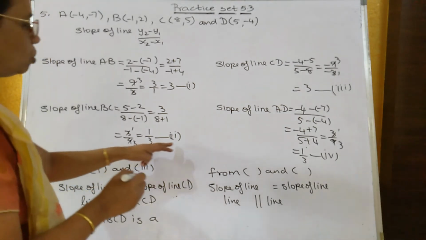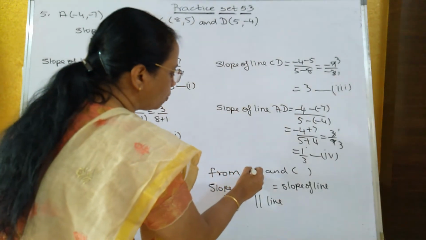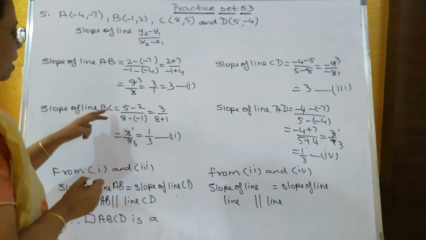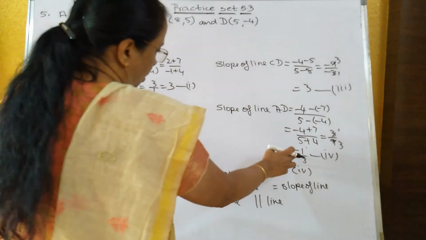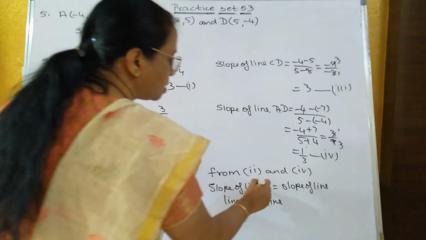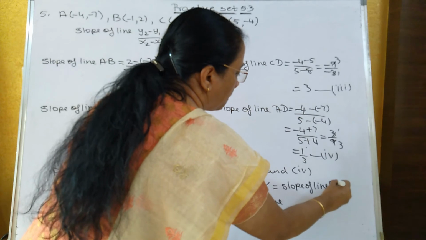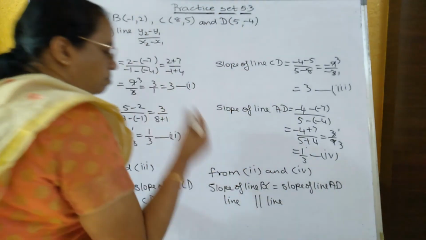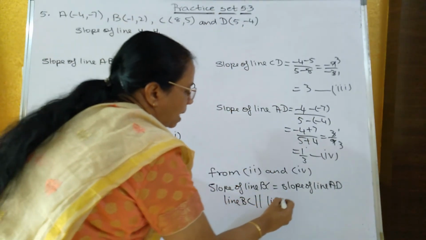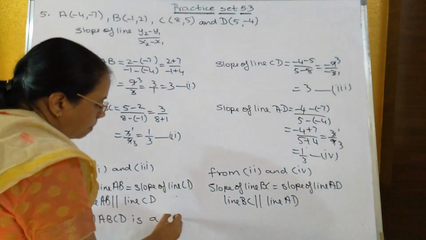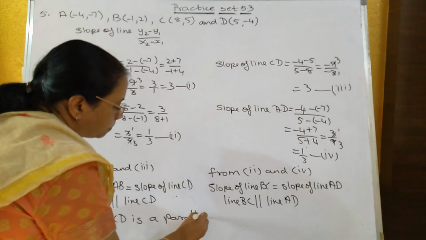Similarly, from 2 and 4, the slope of line BC is 1 upon 3 and the slope of line AD is 1 upon 3. Both are equal. Therefore line BC is parallel to line AD. Therefore quadrilateral ABCD is a parallelogram.